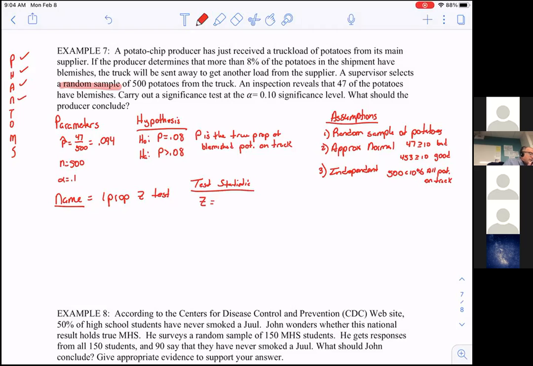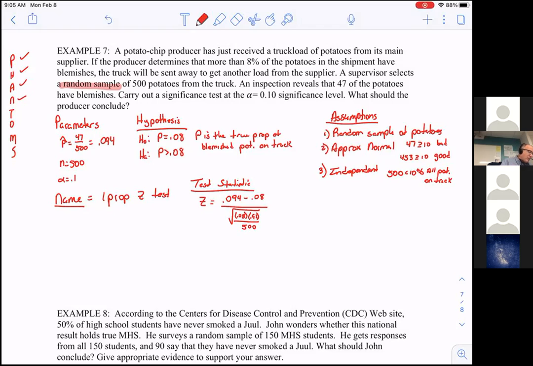Here is where we go with, am I making you write this out? I believe I am. So z equals 0.094 minus, because that's my observed proportion, my expected proportion, which is 0.08. My standard deviation is then based upon my population, what I expect it to be, so the square root of 0.08 times 0.92 divided by 500. All I had to do is write that out. My calculator is going to show me everything else.